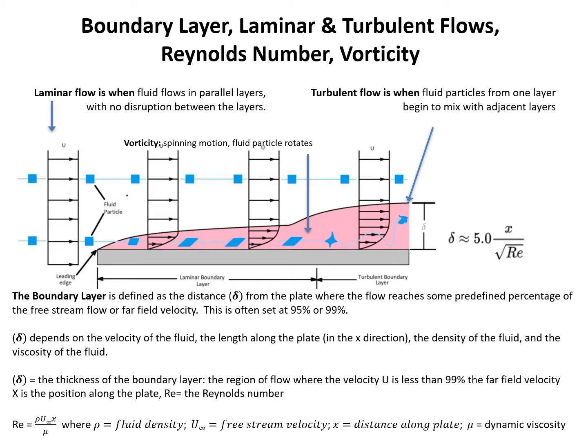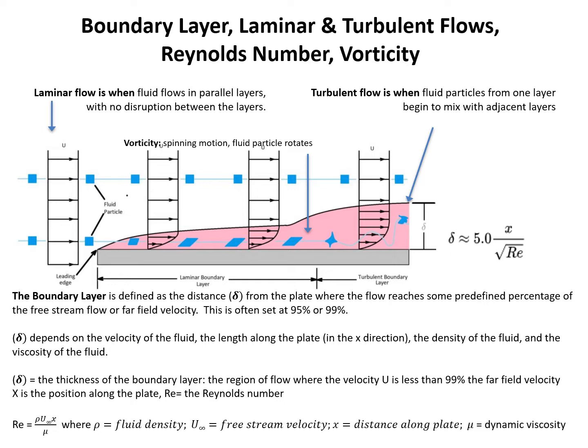Now you notice that there's a sort of an arbitrary definition. We call it the boundary layer, and it's defined as the distance away from the plate until the flow reaches some predefined percentage of that free stream flow, the flow either before it ever hit the plate or way out at infinity, where the viscous forces aren't slowing it down.